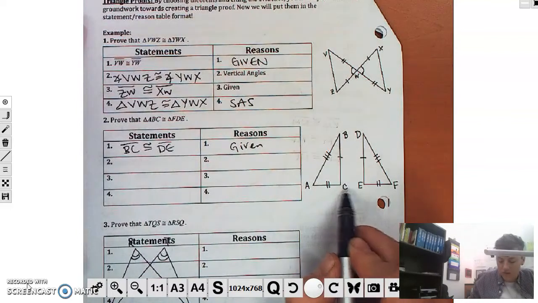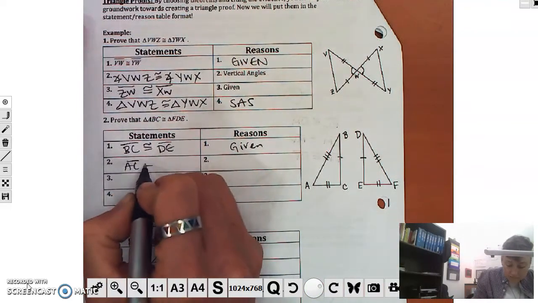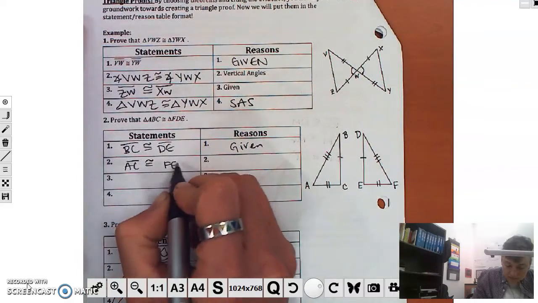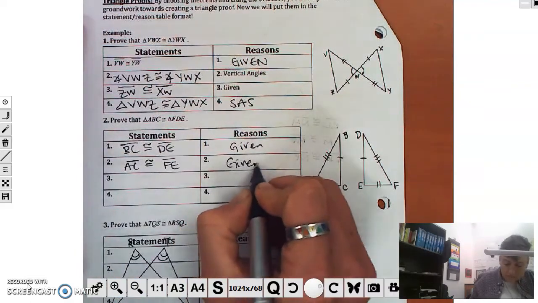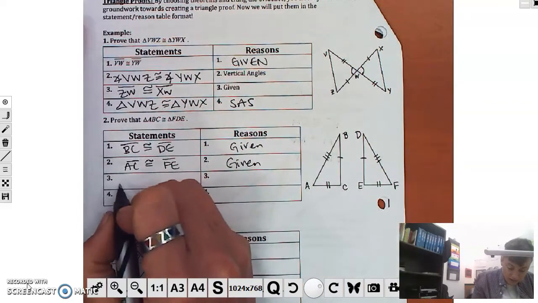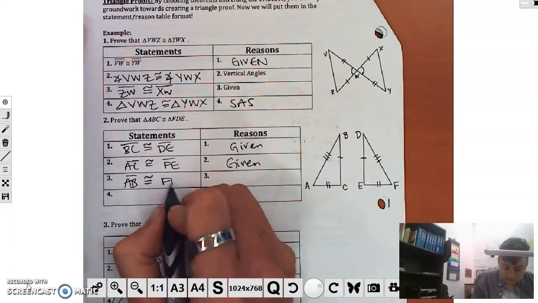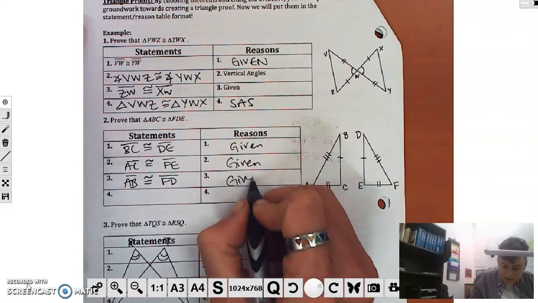AC is congruent to FE because those both have 1 hash mark. Also given. And AB congruent to FD because those both have 3 hash marks. Given.